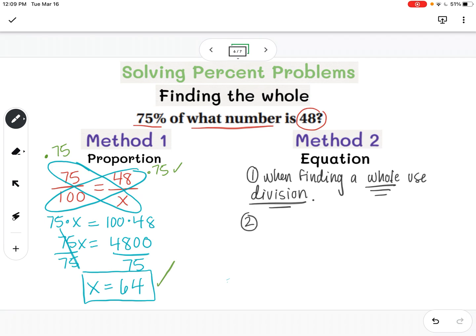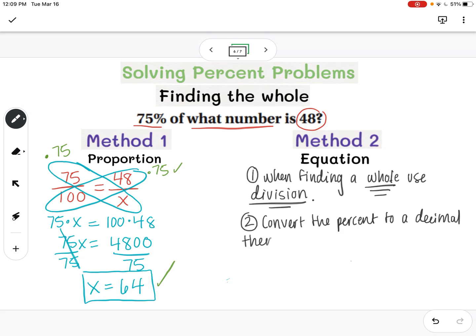And then the second step would once again be to convert the percent to a decimal. Then divide the whole number by that.